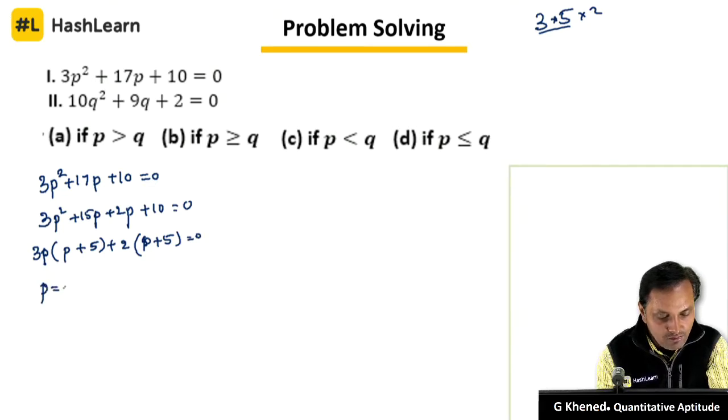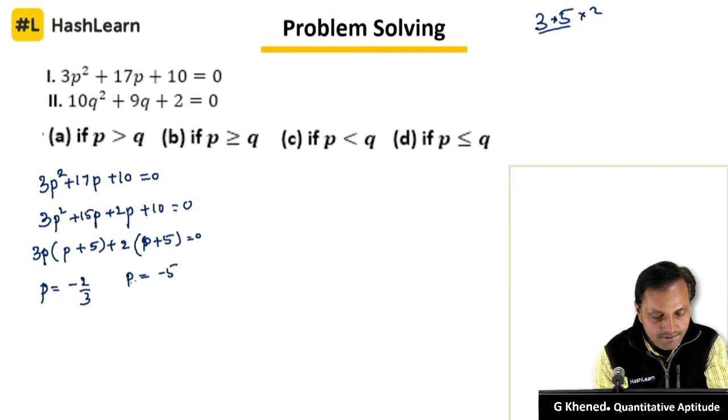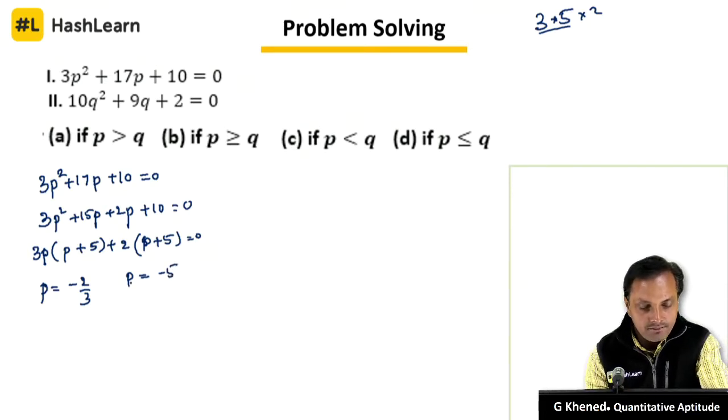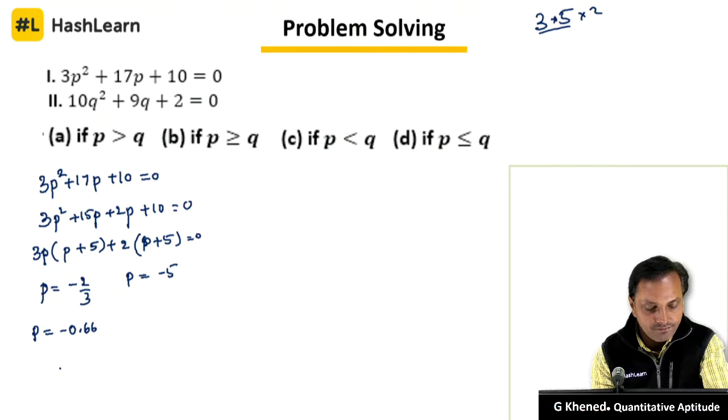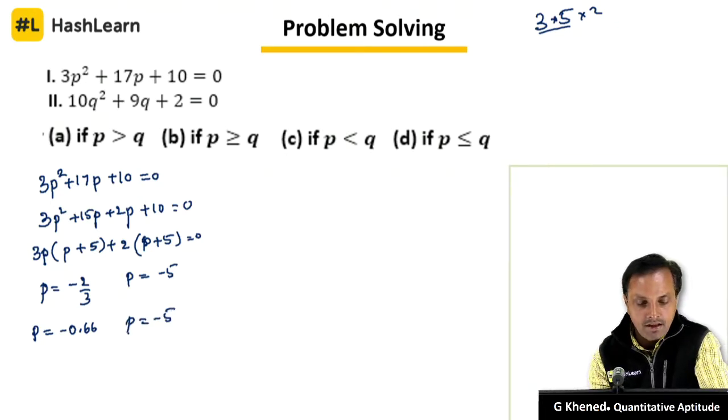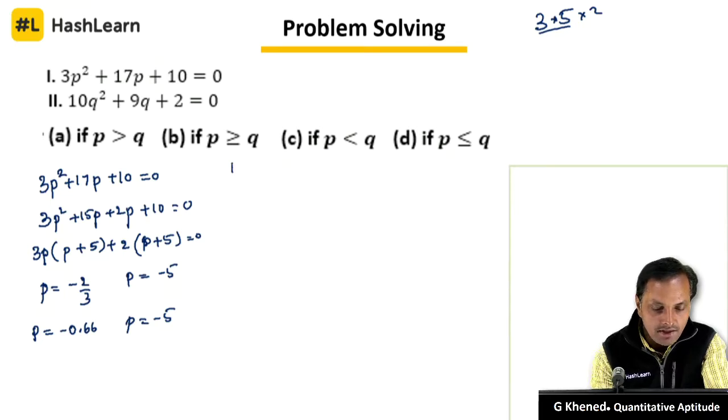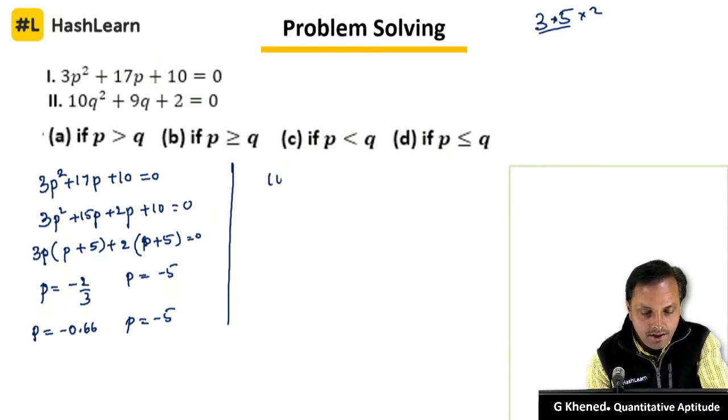So p is equal to minus 2 by 3 and p is equal to minus 5. So 2 by 3 is 0.66. P is minus 5.